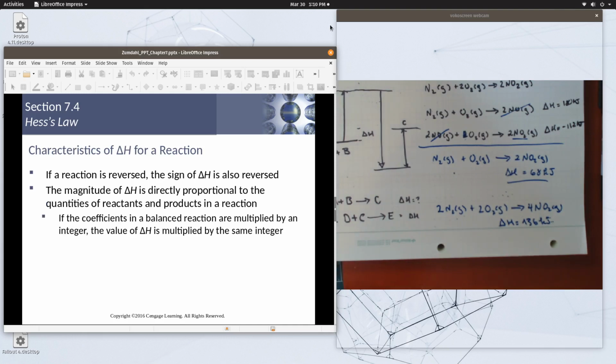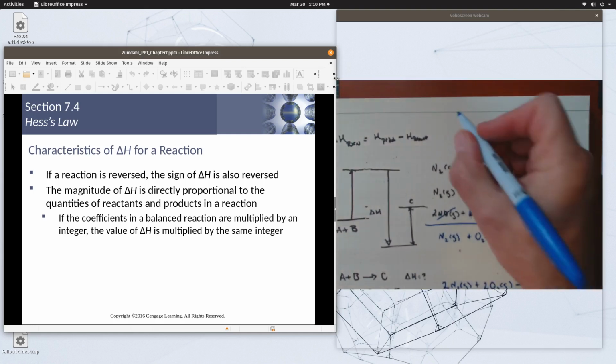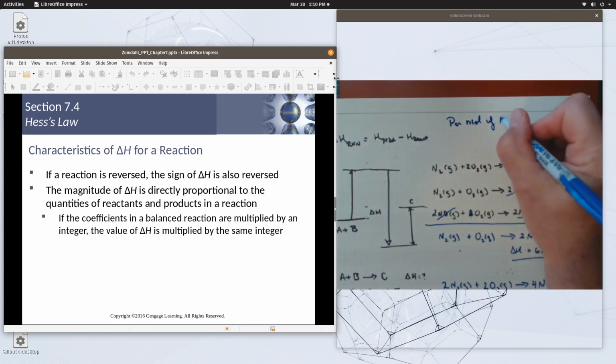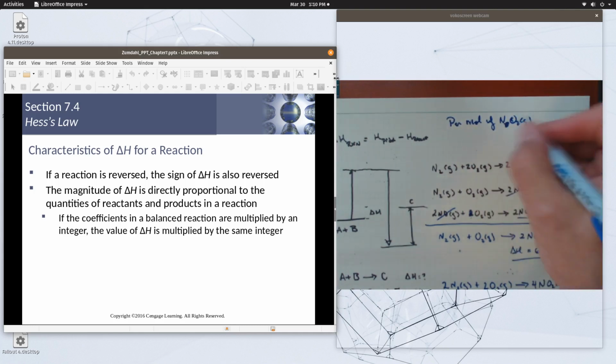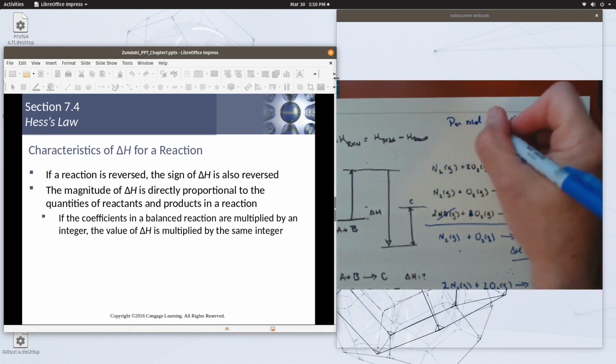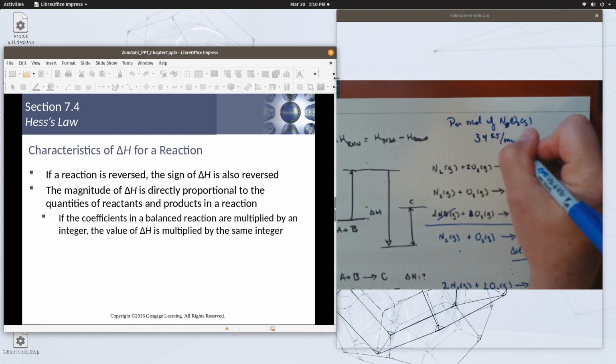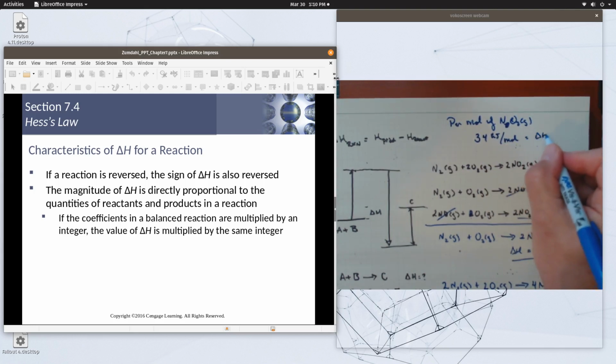So for example, if I were to write the delta H of this reaction per mole of NO2 gas, I would have half that number, right? It's 34 kilojoules per mole is the delta H to produce, on a per molar basis.